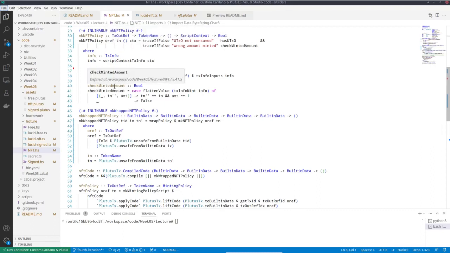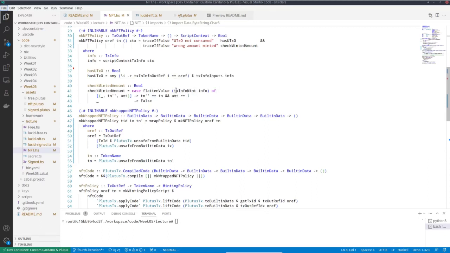For the second condition, checkMintedAmount, we make use of the flattenValue function we looked at earlier when we talked about values, which converts, if you recall, this nested map into a flattened list of triples. So this is now the first minting policy where we actually look at the mint field.